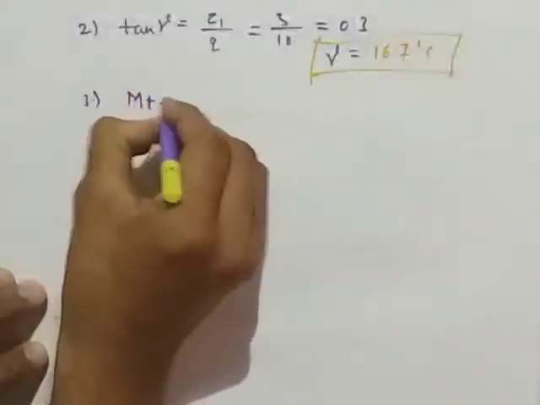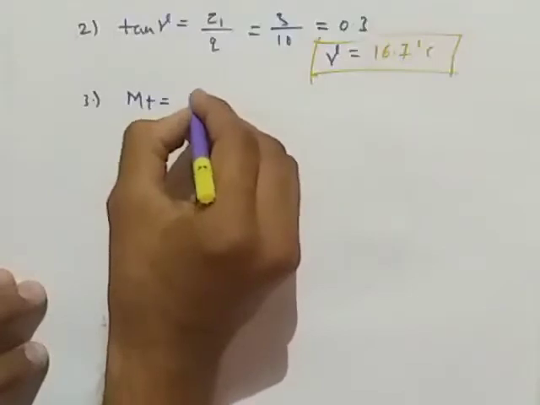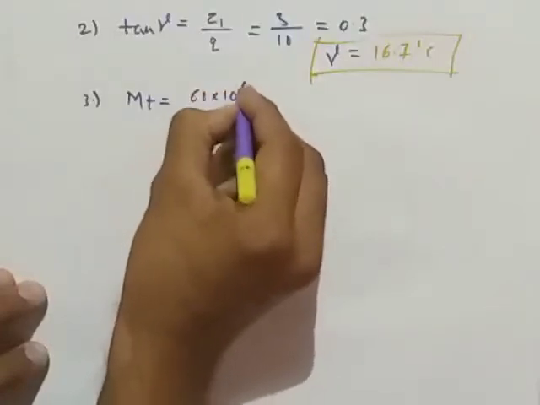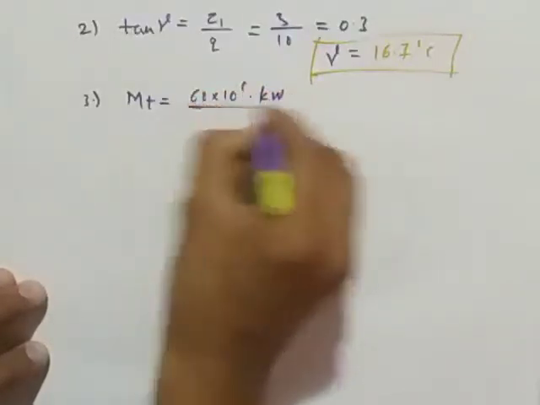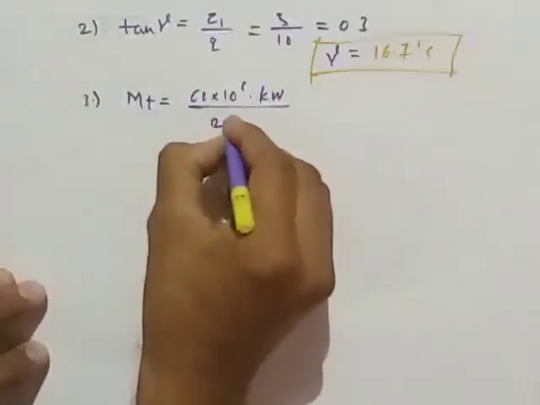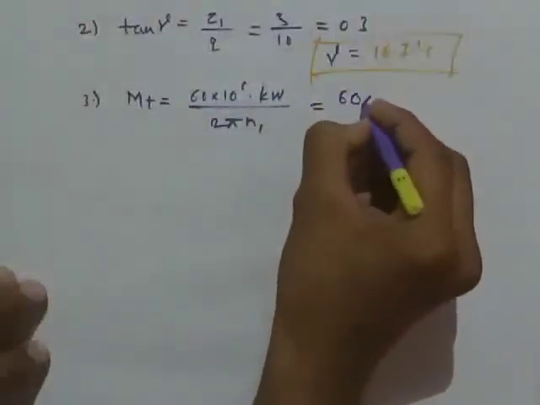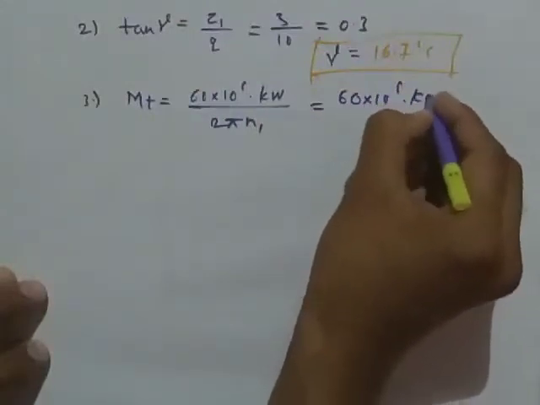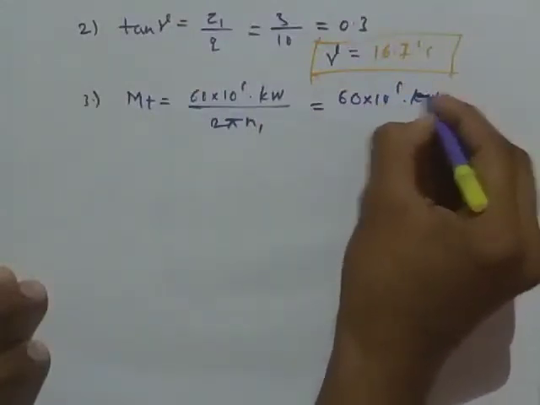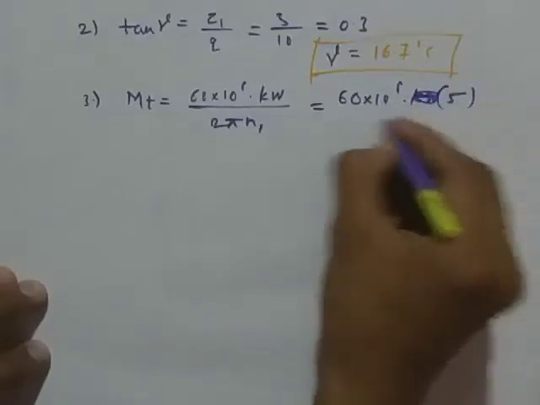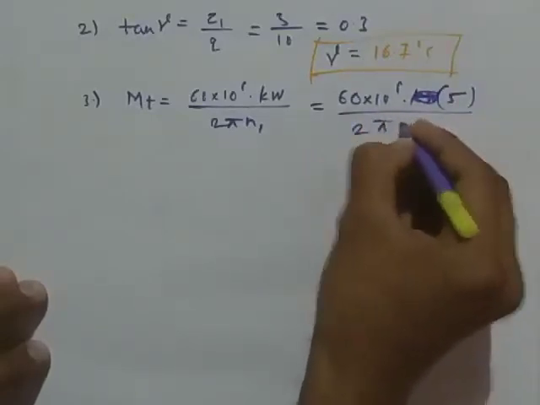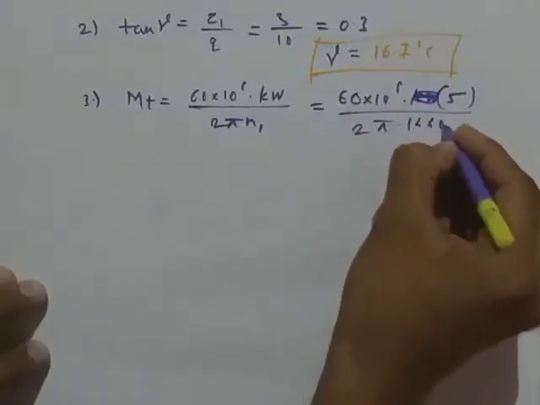Next we go for torque, that is Mt. The formula is 60 into 10 to the power 6 into kilowatt divided by 2 pi n, where n1 will be used. So 60 into 10 to the power 6 into 5 divided by 2 pi into 1440.